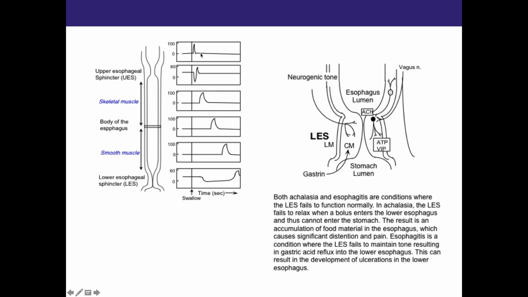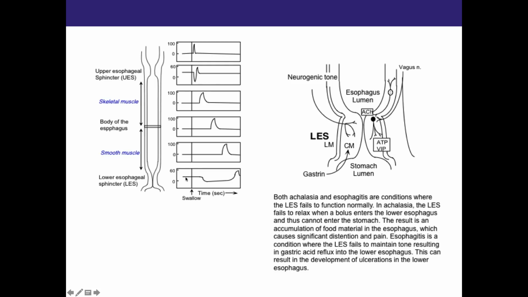The first thing I want you to notice is that most of these start off at 0, except the sphincters. The upper esophageal sphincter starts at 30 millimeters of mercury. That's a unit of pressure. The lower esophageal sphincter also starts out with a basal tone, a pressure of about 30 millimeters of mercury.